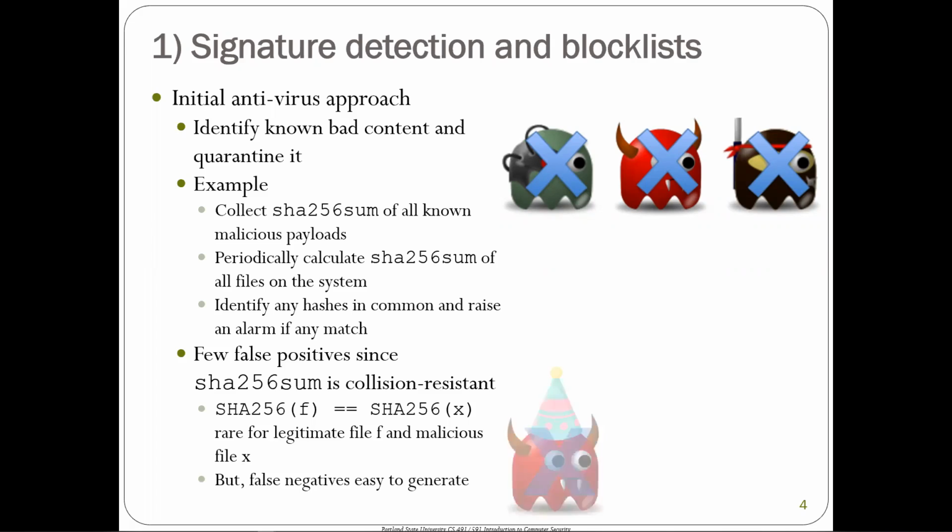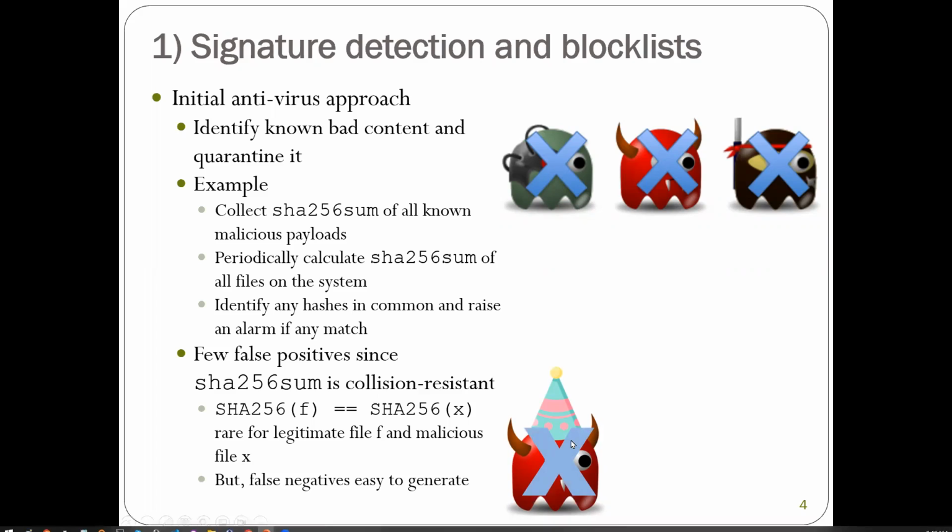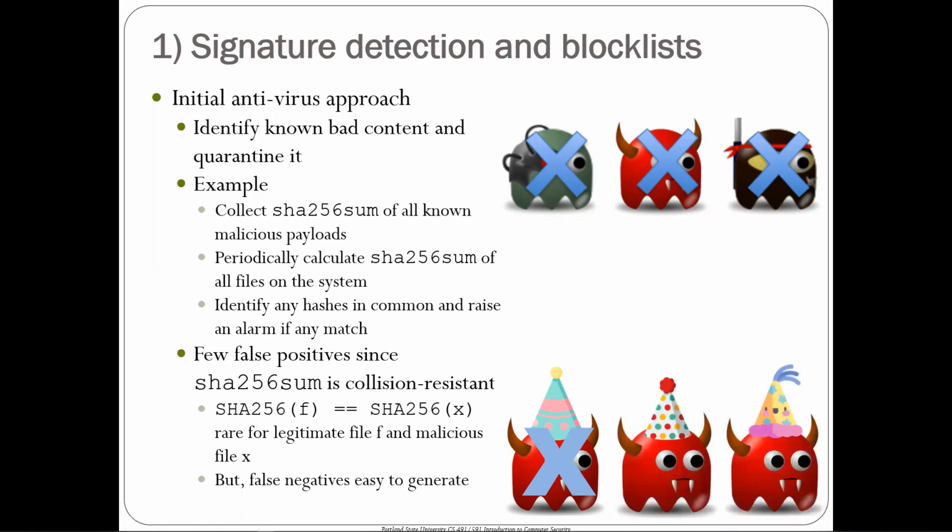So you could find a bad piece of software and say, okay, this hash, because this is a malicious piece of software, I'm going to deny or filter it and protect my systems from it. But then this malware, so it's got a birthday hat in this instance, could just change its hat.